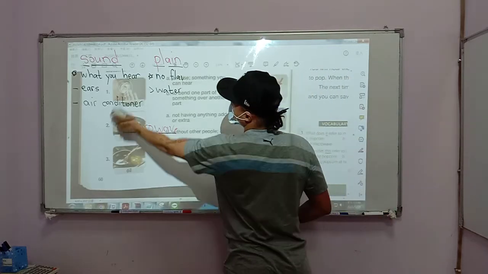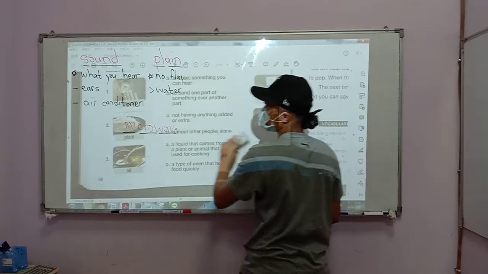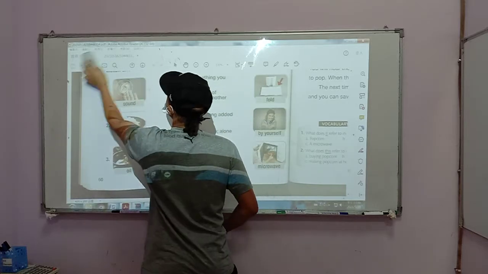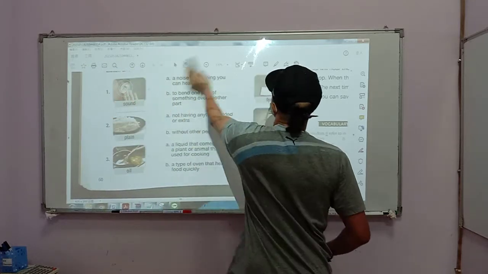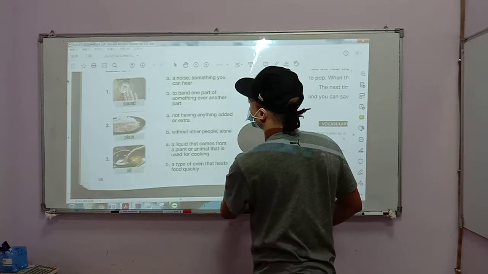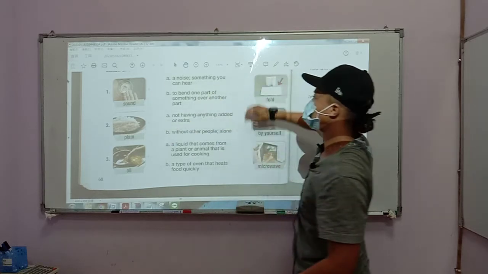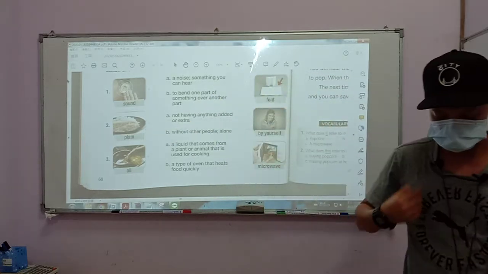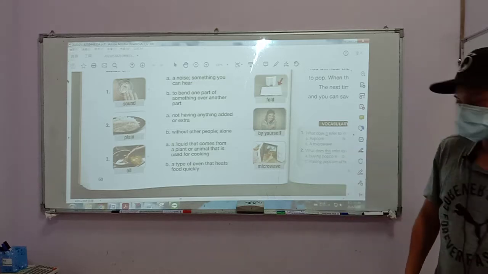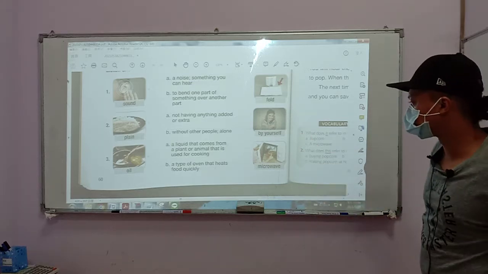Please do this part over here, everybody. Please draw a line to each one and use the words that I wrote down to choose the right side.